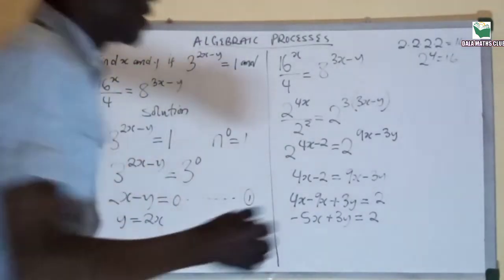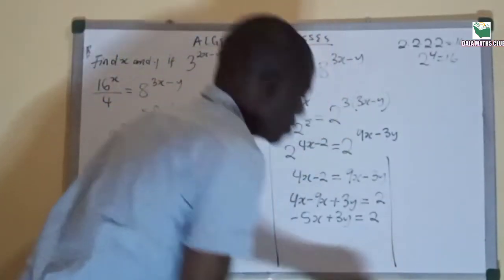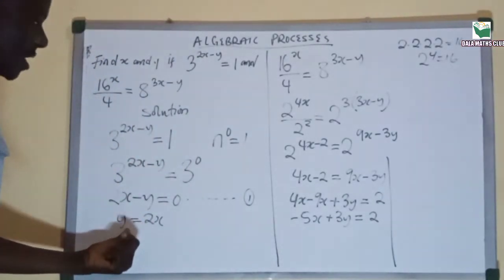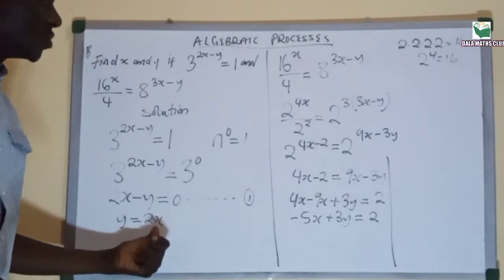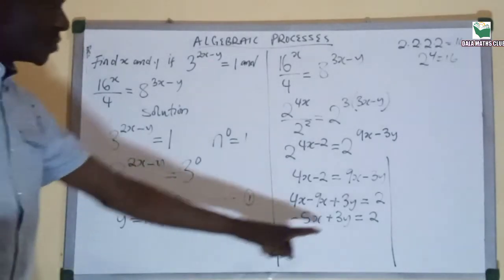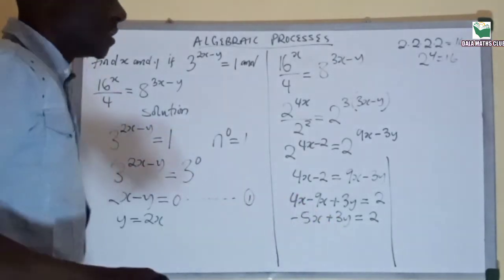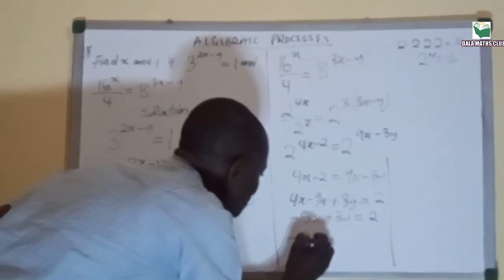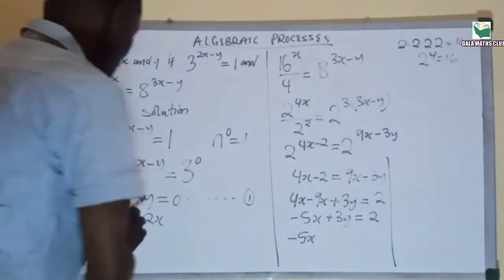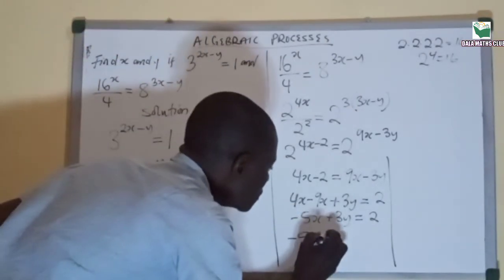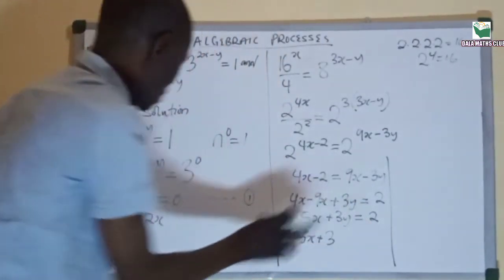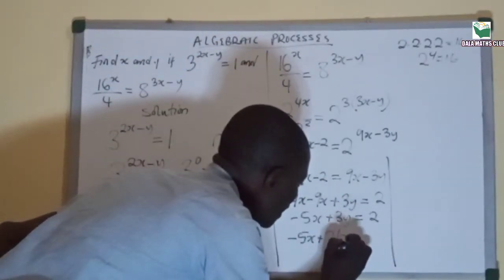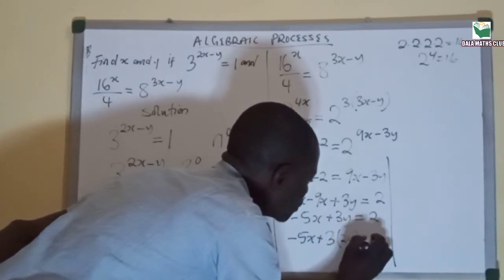The next thing is to substitute the value we have, y is equal to 2x. Wherever we have y, we substitute it in this equation. So now we have minus 5x plus 3 times 2x is equal to 2.